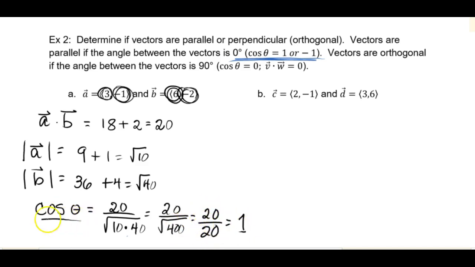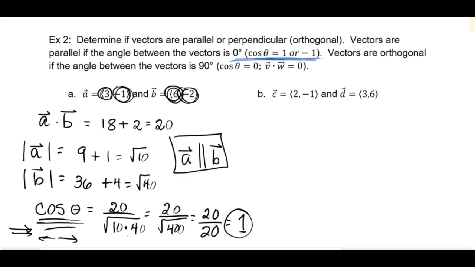So we found that the cosine of theta is equal to 1. That means they are either going in the same direction, so that theta is equal to 0, or they're going in opposite directions such that theta is equal to 180 degrees. In our case, they're going in the same direction because it's a positive 1. So what we find here is that vector A is parallel to vector B.